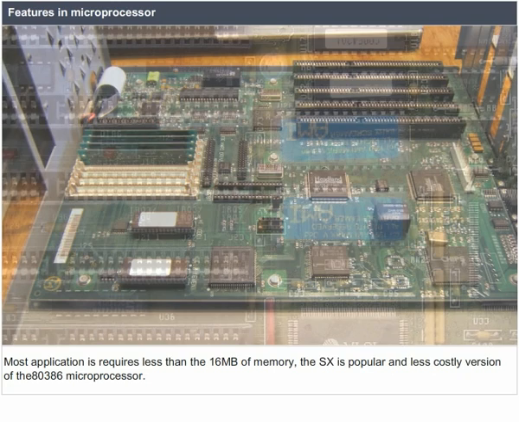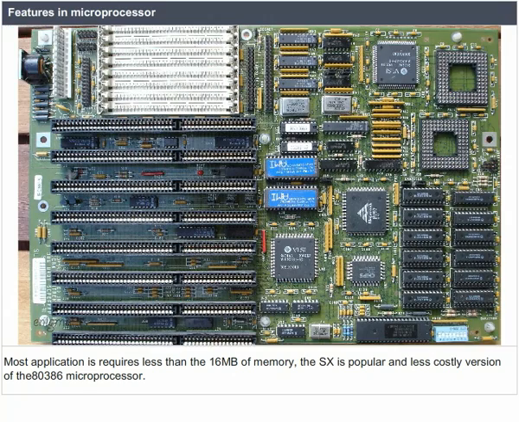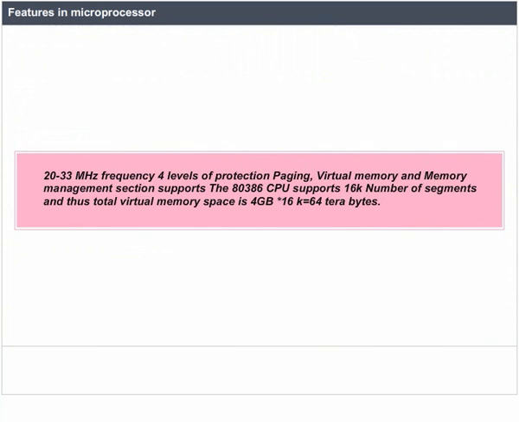The SX is popular as the less costly version of the 80386 microprocessor, with 20 to 33 MHz frequency, 4 levels of protection, and paging, virtual memory and memory management support. The 80386 CPU supports 16K segments, and thus the total virtual memory space is 4 GB times 16K, which equals 64 terabytes.